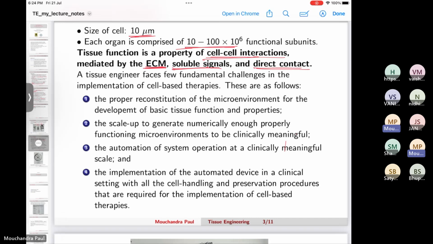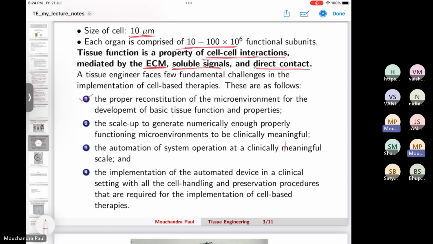So tissue engineers usually face a few fundamental challenges when they are trying to make cell-based therapies. What are these? First is to reconstruct this complex microenvironment that I'm talking about, in such a way that we are able to see the basic tissue function and the normal in vivo properties at the in vitro level.